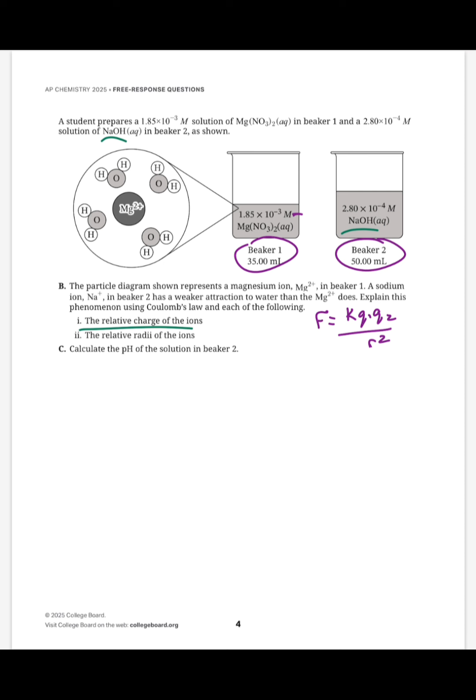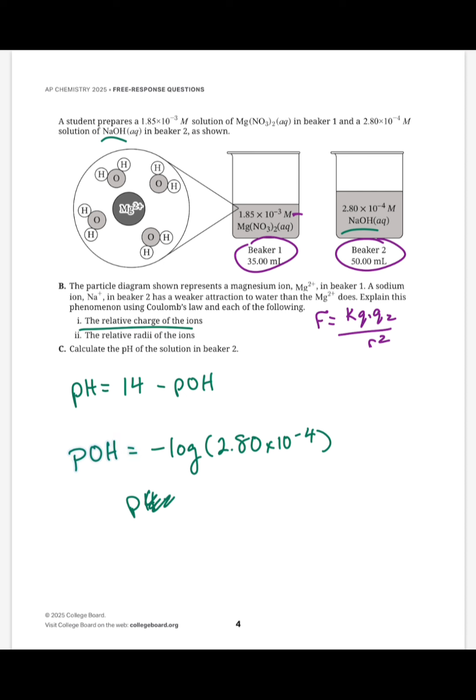There are two steps that we're going to have to do. pH is equal to 14 minus pOH. We can calculate the pOH of the hydroxide solution, so if we take the negative log of the 2.80 times 10 to the negative 4, we're able to get a pOH.